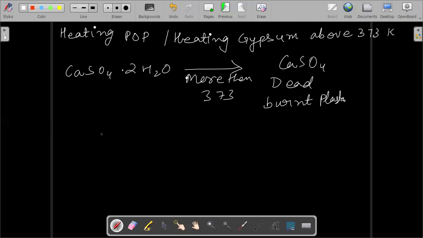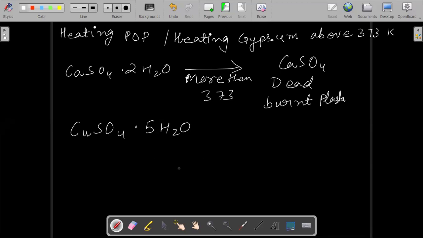Now, another question from some other topic. I have this CuSO4·5H2O. I hope all of you know what this is.